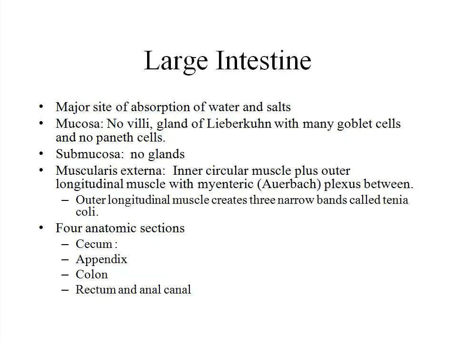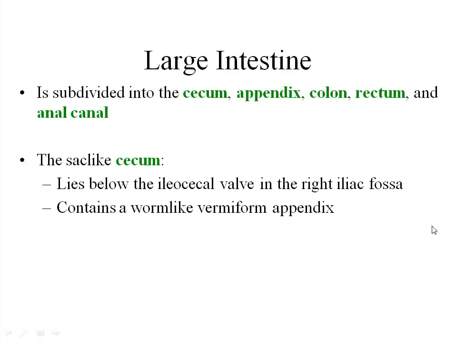Four anatomic sections you can see here: the cecum, appendix, colon, rectum, and anal canal. So you can separate it into the ascending, transverse, and descending arms of the large intestine. This is subdivided into cecum, appendix, colon, rectum, and anal canal.